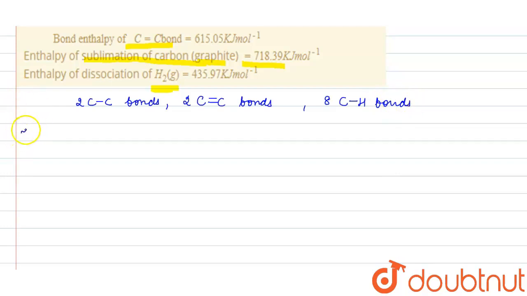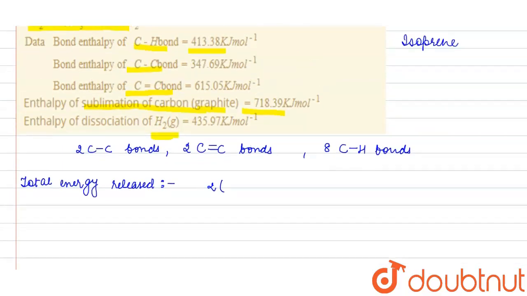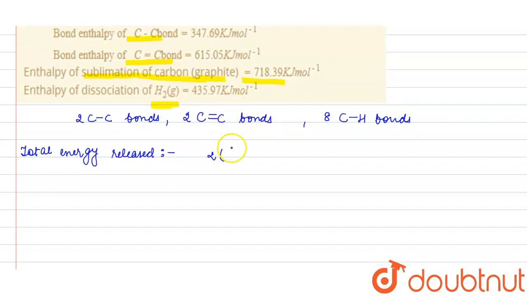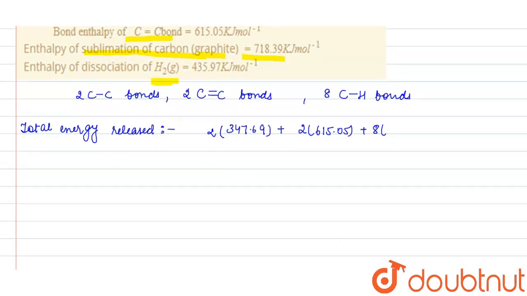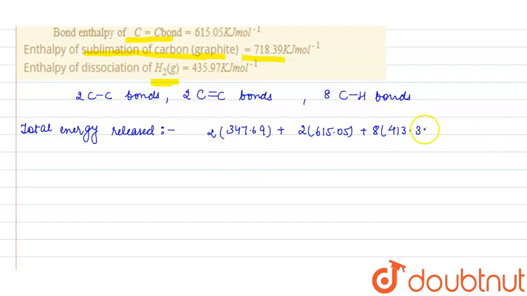So if you calculate the total energy released, it will be equal to the addition of all the enthalpy of bonds, that is 2 into the CC bond enthalpy given, 347.69, plus 2 into the C double bond C bond enthalpy, that is 615.05, plus 8 into the carbon hydrogen bond, which is 413.38.